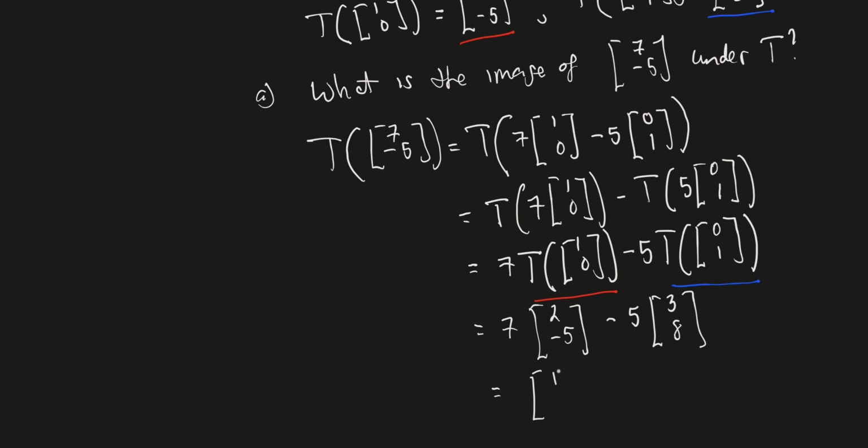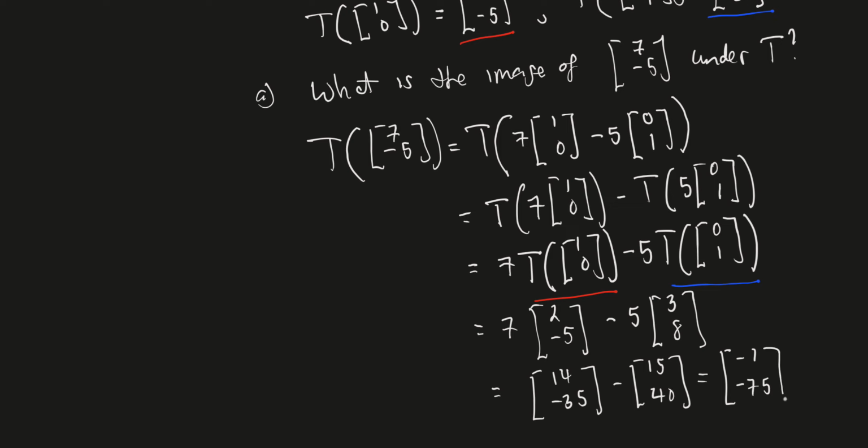So we have (14, -35), and then minus (15, 40). So here is the image now of the vector (7, -5). So 14 minus 15, that's -1. And then -35 minus 40 is -75.